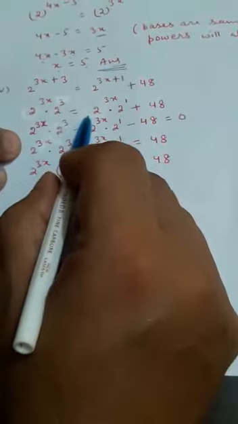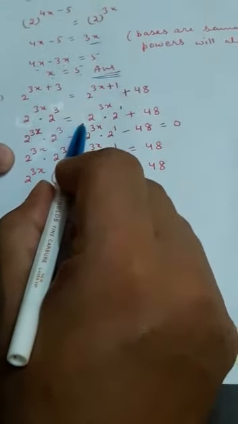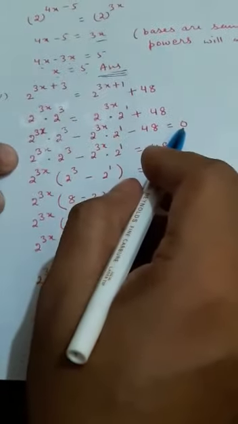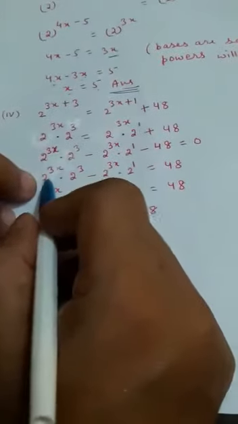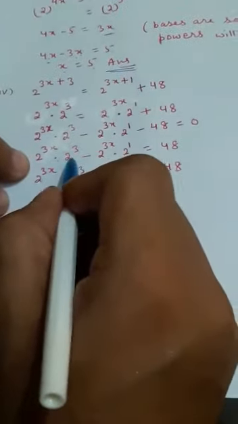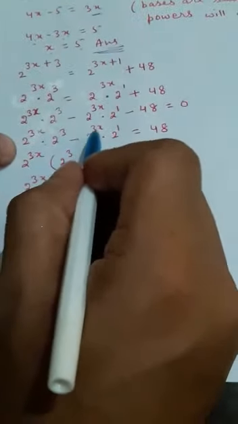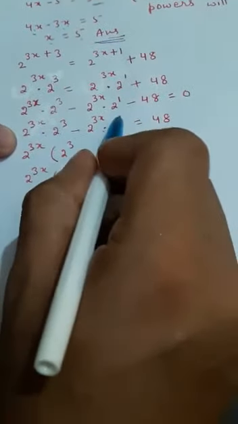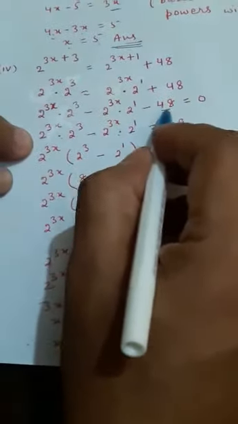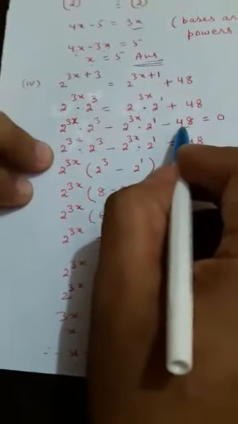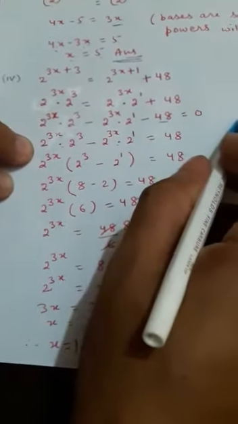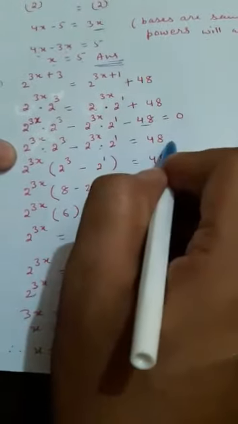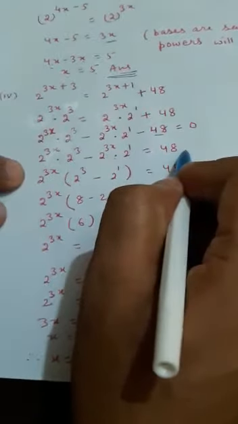When equal is subtracted from equal, the result will be 0. So 2 power 3x into 2 power 3 minus 2 power 3x into 2 power 1, now we will transpose this 48 to the left hand side, so it will become positive. When it goes to that side, its sign will be changed, so it is 48.